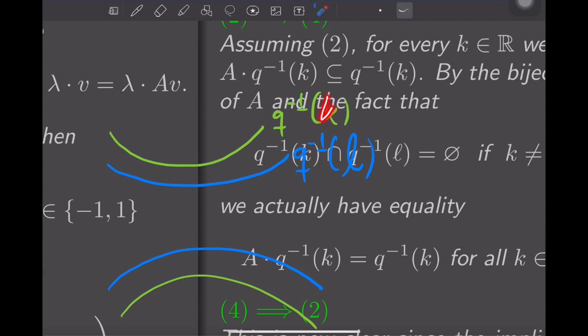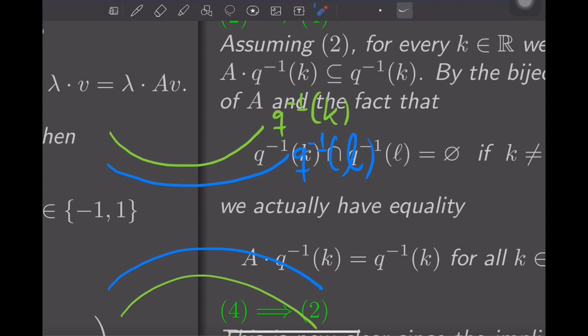But you see, K is different from L, so everything here under Q goes to K, so it cannot go to L. And everything here under Q goes to L, so it cannot go to K. So this means that the intersection between the blue one and the green one is completely empty.